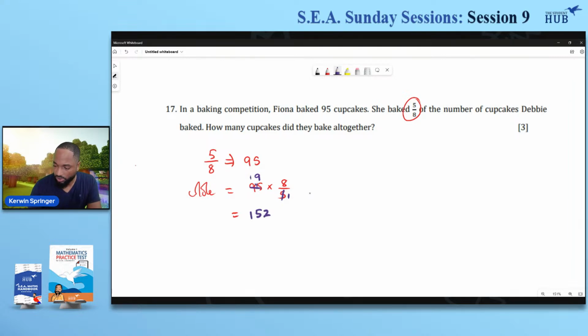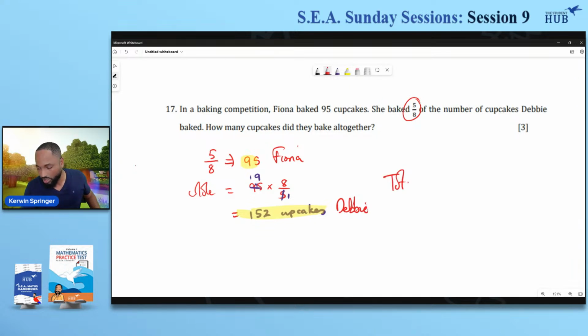So 152 cupcakes. Now this 152 cupcakes here is talking about what? It's talking about how many cupcakes Debbie made. So this is Fiona, and this is Debbie. So therefore the total would be 152 plus 95.